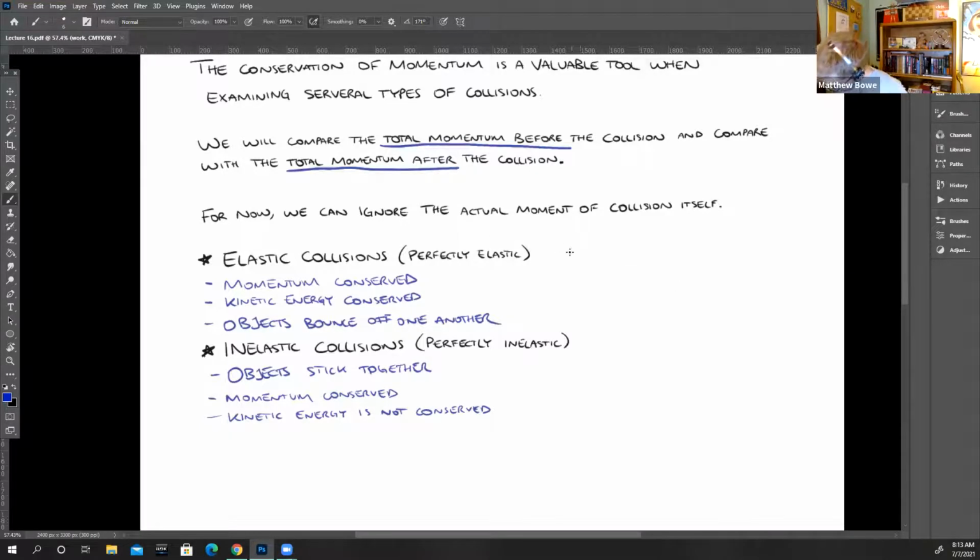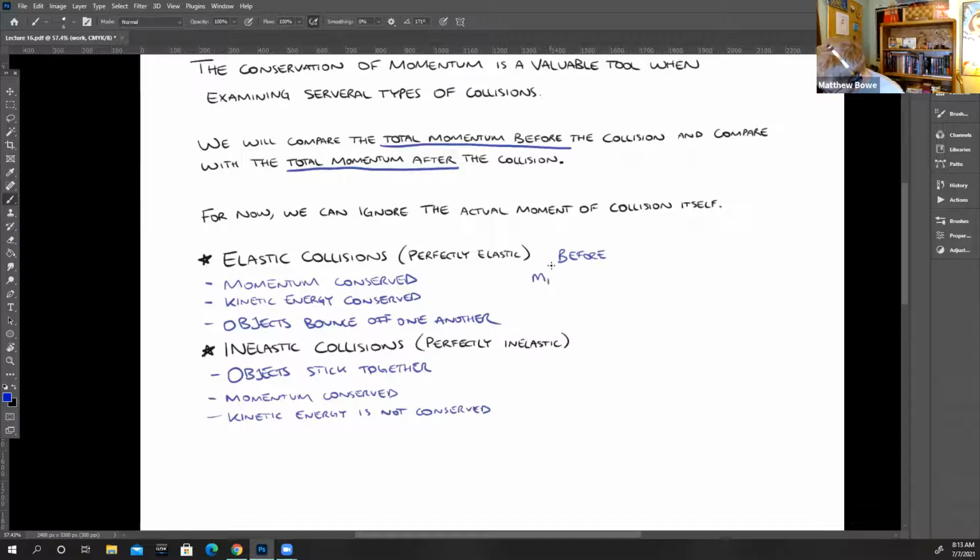You're going to look at a situation before the collision, which for an elastic collision, you're just going to add up the total momentum of the system. So however many objects you have, however they are moving.